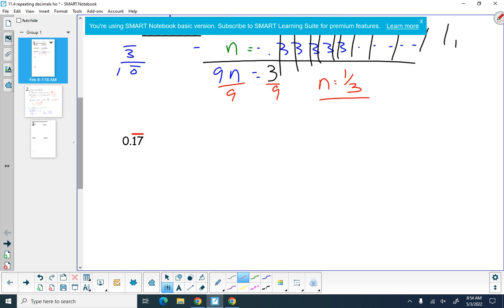Let's look at 0.17 repeating, which is 0.1717171717, and so on. We want to find the fraction n that equals that 0.1717171717, and so on.